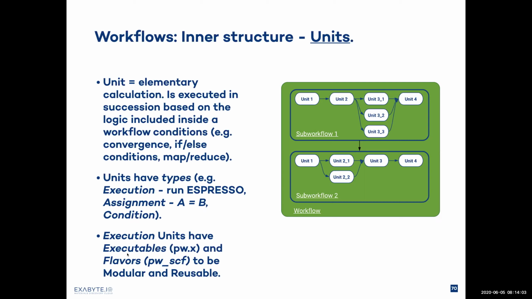For example, when we deal with Quantum Espresso, we use pw.x as an executable. And there are certain default templates that we assign the units when dealing with specific flavors of the calculations for this executable. So when we deal with the self-consistent field calculation, we have a template for that input file. And when we deal with non-self-consistent field calculation, we have another template, and so on.